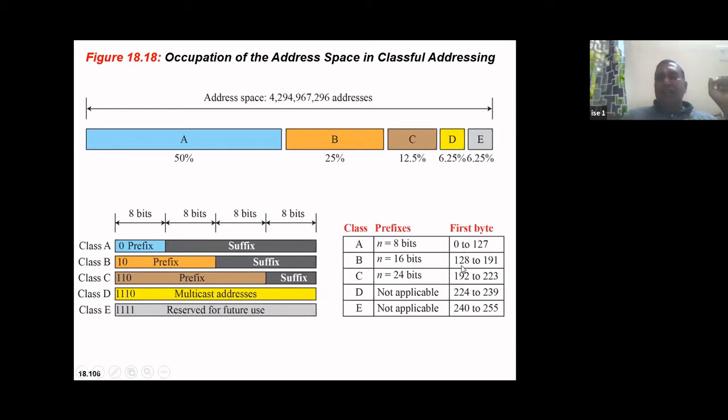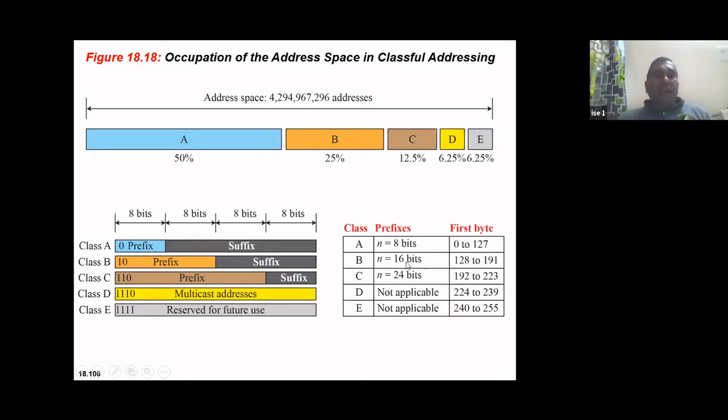16 bit means 128 to 191 addresses. Means this is the max value of the network addressing. In dotted decimal notation, if it starts between 128 to 191, it will always be a class B address. You got the idea?